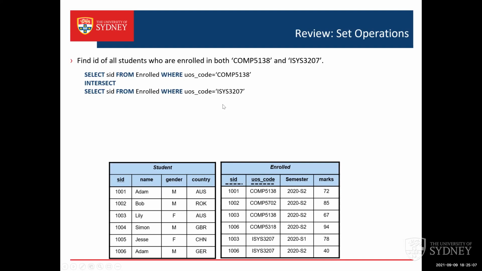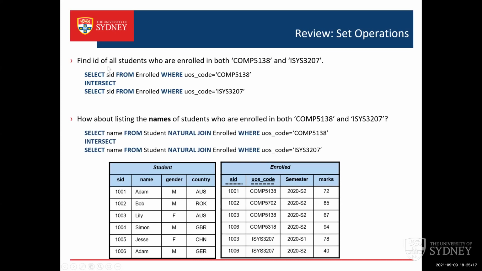That's great. Now the question is, if someone is asking, find me the name of the student, not SID, can I write this query and simply change this SID to name? Will this be correct? Someone is saying no, another one is saying no. Any reasoning why not?